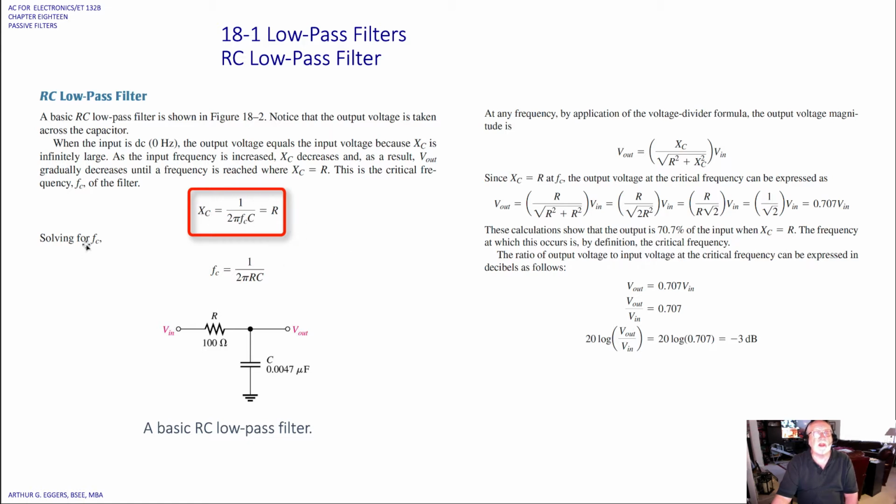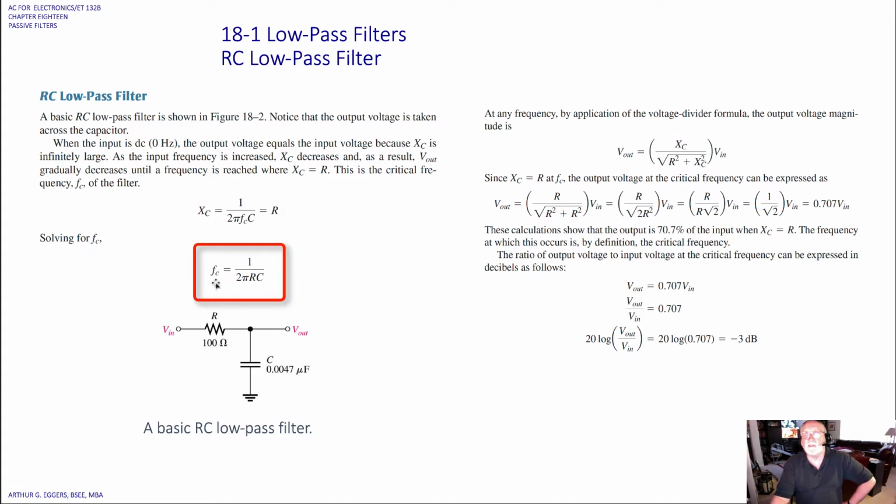So in this case, we can manipulate the relationship and solve for the critical frequency. So the critical frequency becomes 1 over 2 pi RC. So we just manipulated it so that we are allowed to solve for other unknowns.